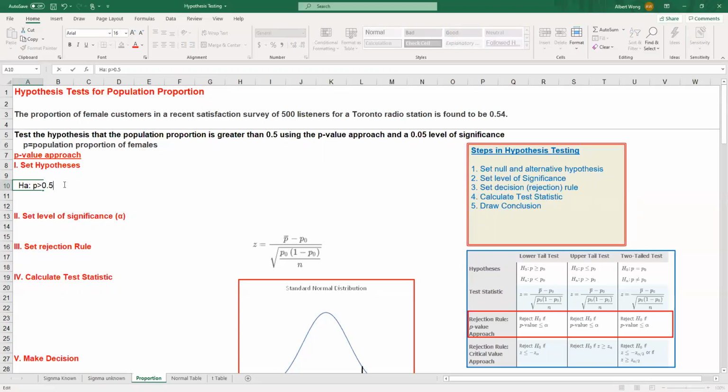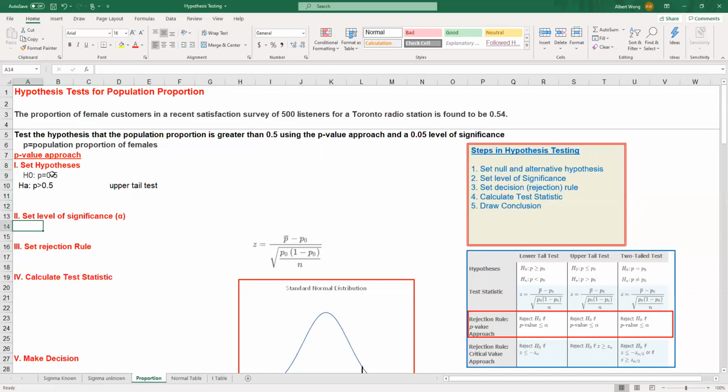Okay, so we know that this is an upper tail test, because it's bigger than, and so the null hypothesis is the opposite, which is P is less than or equal to 0.5, or if you want to be lazy, you can just write equal to. We have done this many times now, so we probably are comfortable with it.